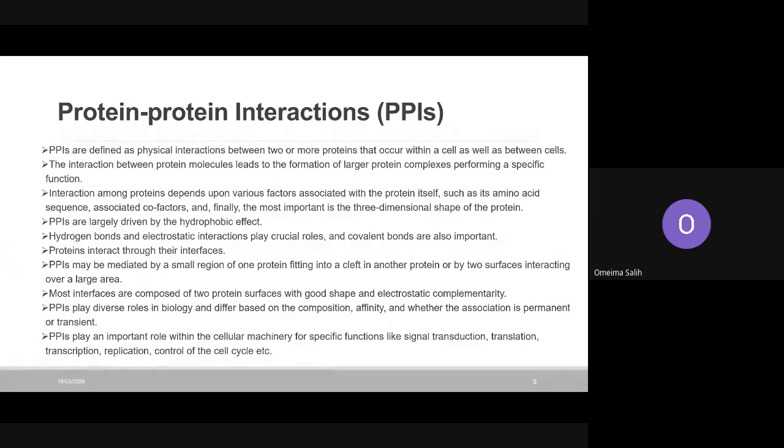These are the most important types of connections or binding between proteins that lead to protein-protein interaction. In some interactions, covalent bonds like disulfide bonds can take place, especially between amino acids like cysteine, if it is involved within the interface of the protein-protein interaction.